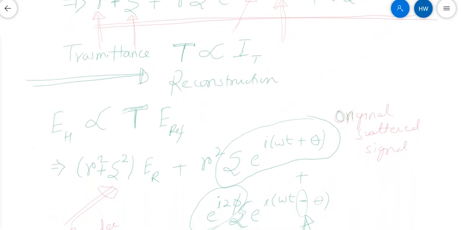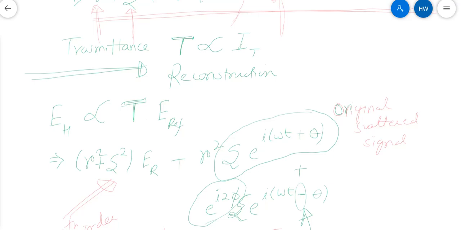Now, when you are looking at the transmittance through the hologram, what I talked about until now is the recording process. When you look at the reconstruction process, what you record is basically the transmittance on the film, which is proportional to the total intensity as specified above.